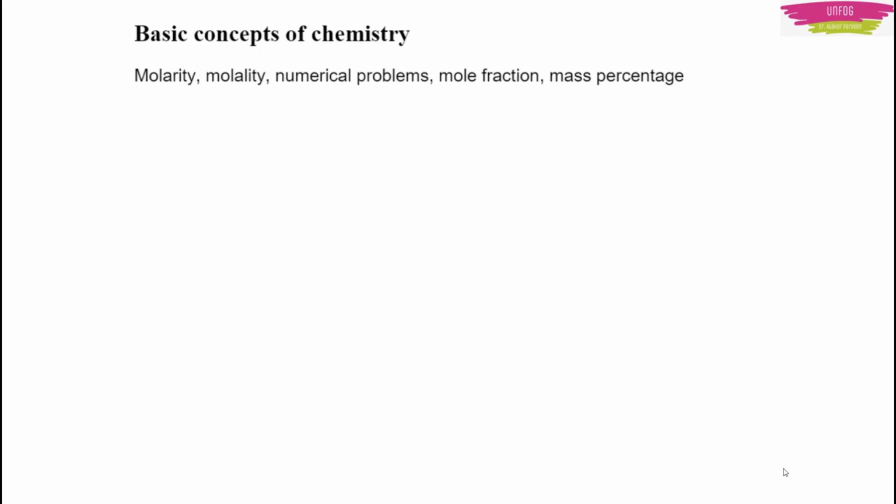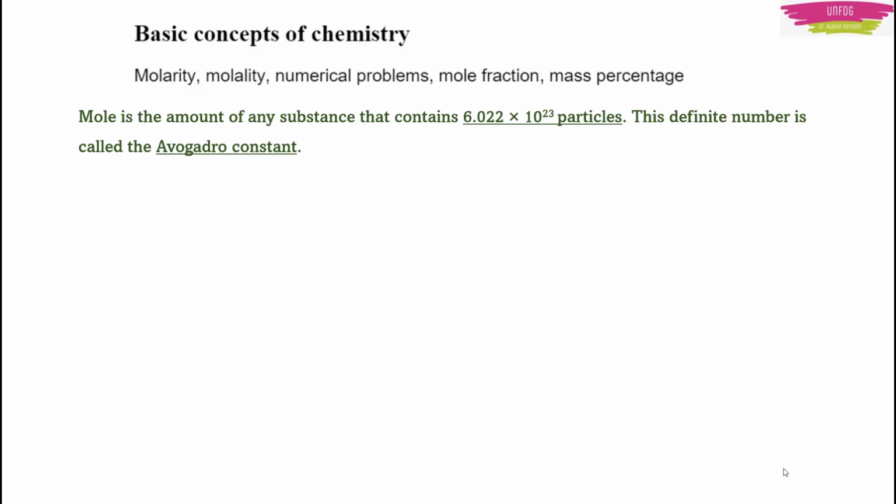Now, to discuss what is molarity, first we have to recall what is a mole. Mole means it is the amount of any substance that contains 6.022 into 10 raised to 23 particles. This 6.022 into 10 raised to 23 is a definite number and it is known as Avogadro constant or commonly also known as Avogadro's number.